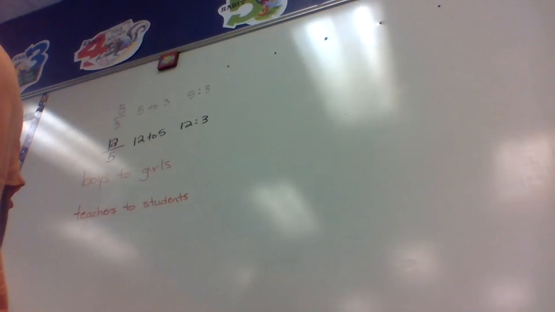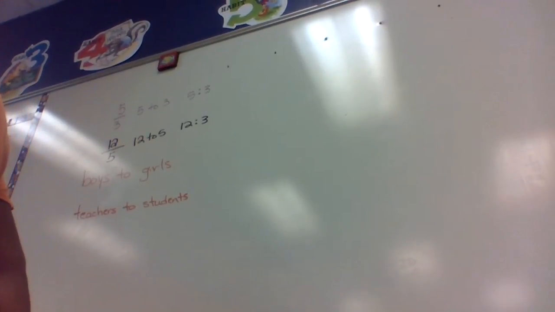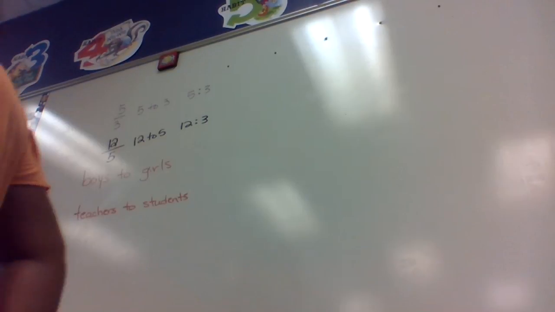Number 3 says, describe a ratio in words about flowers that compare one part of the bouquet to another part. Write the ratio in at least 2 different ways. Well, you did number 2. You put 12 and 3 instead of 12 and 5.